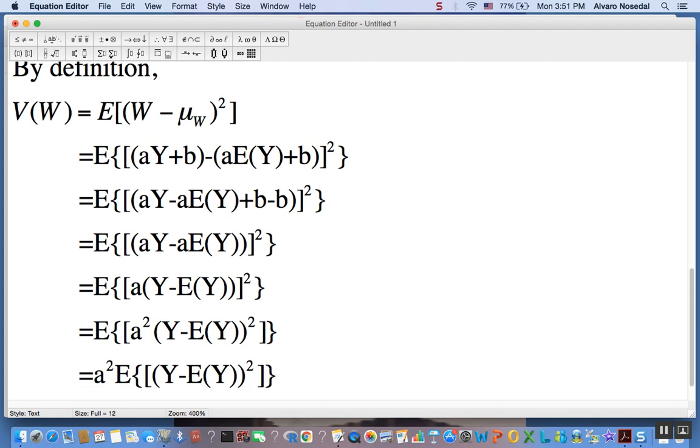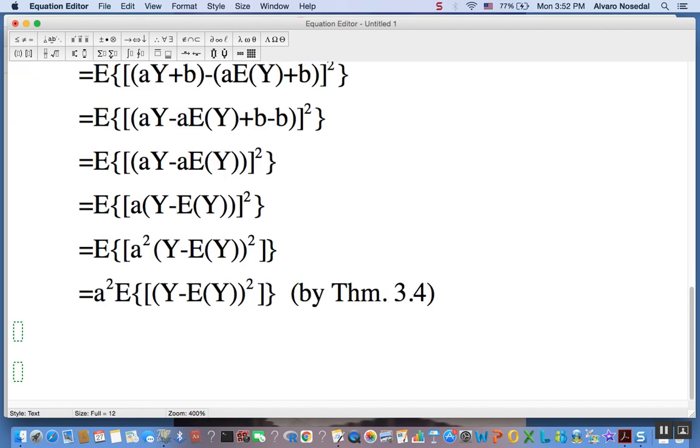And we did that by one of our theorems. I think that the one that would be relevant here is theorem 3.4, that the expected value of a constant times a random variable equals a constant times the expected value of the random variable.